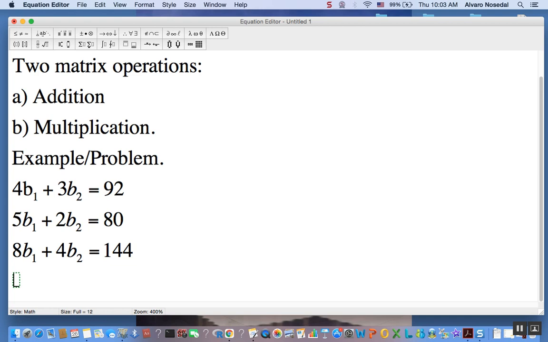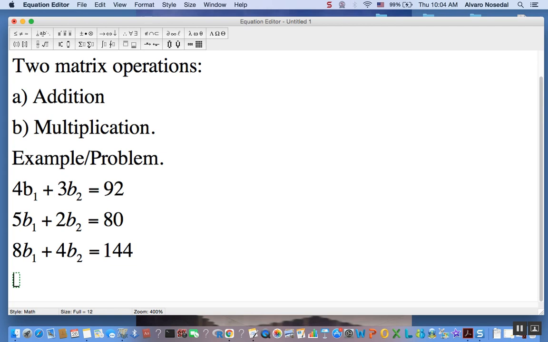Okay, so next let's try and remember what a solution is. So a solution is a set of values of the unknown variables, in this case b1 and b2, that satisfy all the restrictions of the system. Okay, remember? Good.